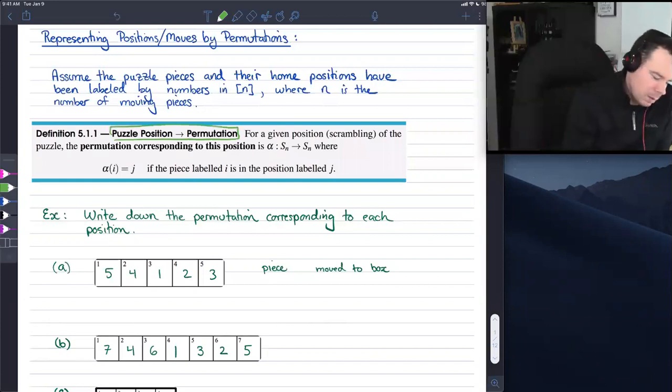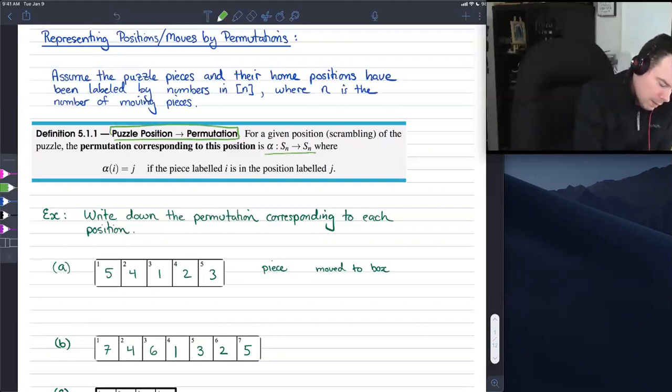So how do we do that? Well, the description here, definition 5.1.1, tells us how to get from the position that we're looking at to the permutation. And the way we do that is we construct our permutation alpha, which represents the position, as follows.